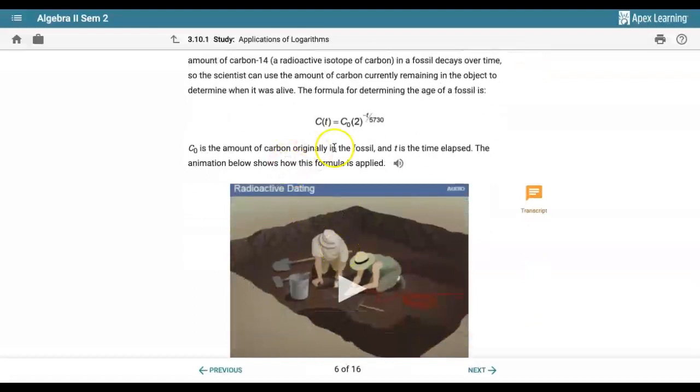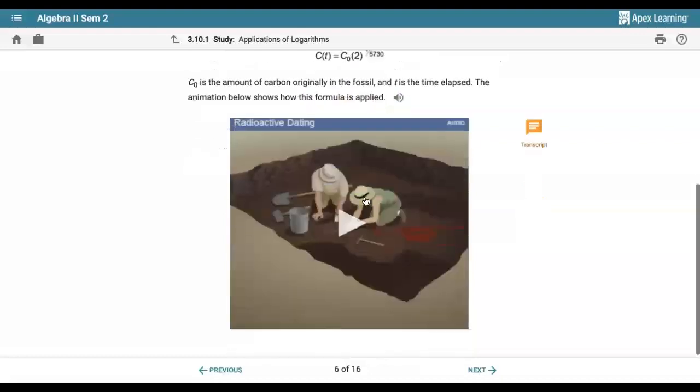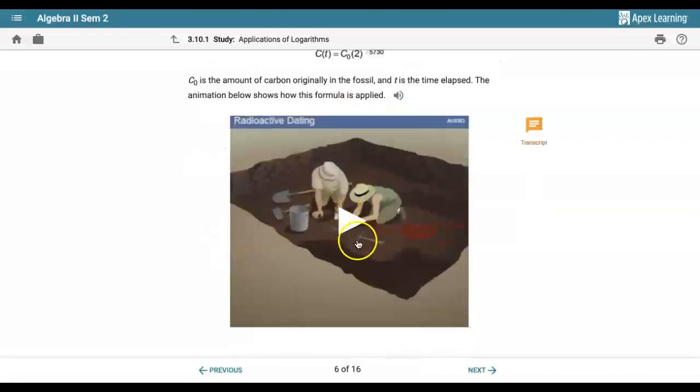So what this is, is C of T is equal to C0 times 2 to the power of negative T over 5730. C0 is the amount of carbon originally in the fossil, T is obviously the time that passes, and C of T is the amount of carbon that is left here. So let's take a look a little bit more in depth at what carbon-14 or radioactive dating is.